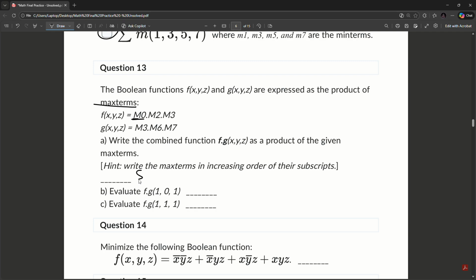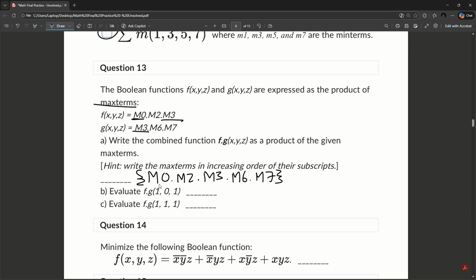So the answer is M0, M2, M3, M6, M7, because M3 appears twice, once here and once here, so remove the duplicate.